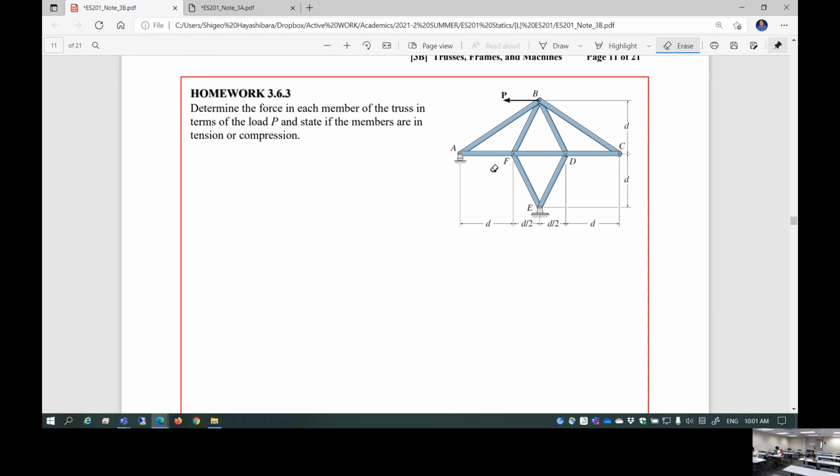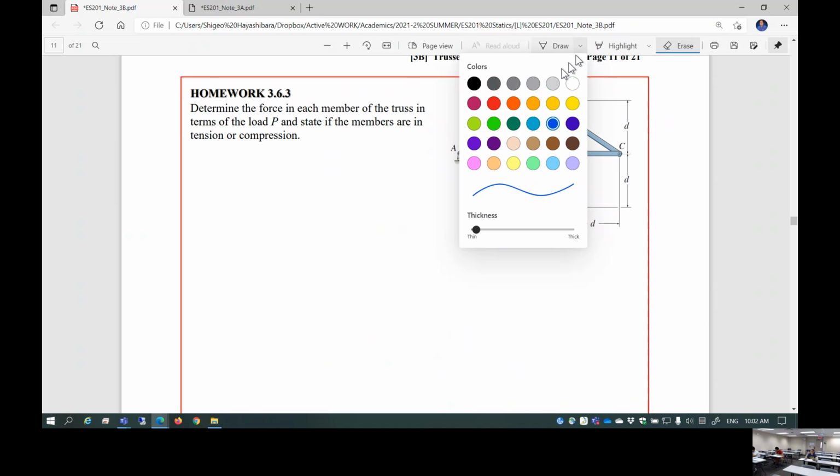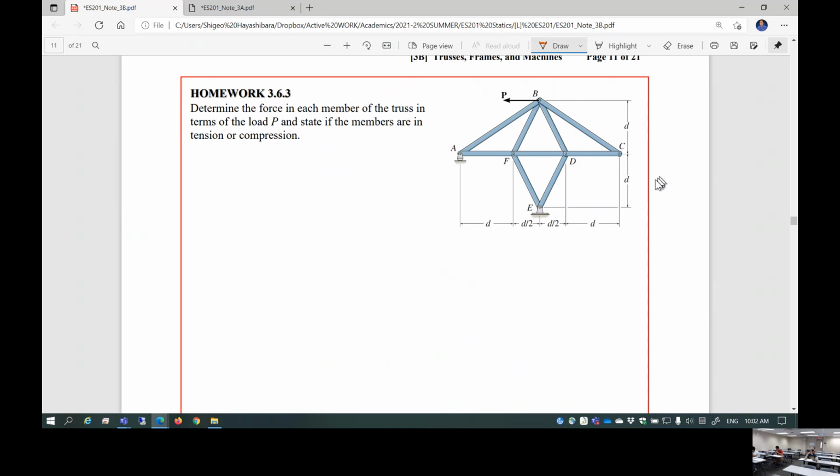Determine the force in each member of the truss in terms of the load P, and state if the members are in tension or compression. What is the most important first step for this kind of problem? Anybody? Zero force members. There are a few zero force members in this structure. Which one is it? BF, BD. BD? Because FD and DC are collinear.